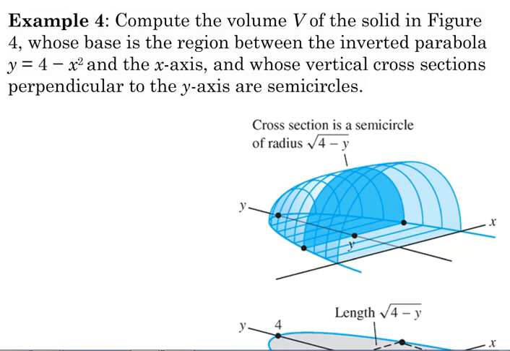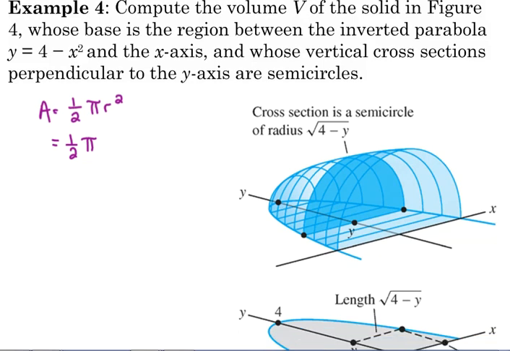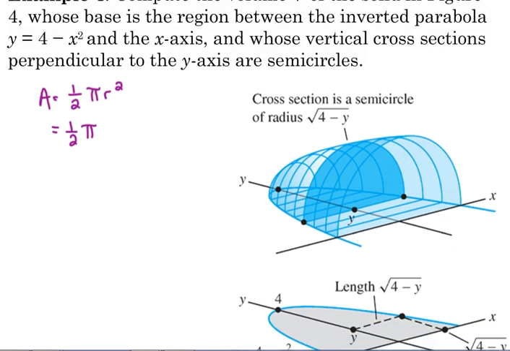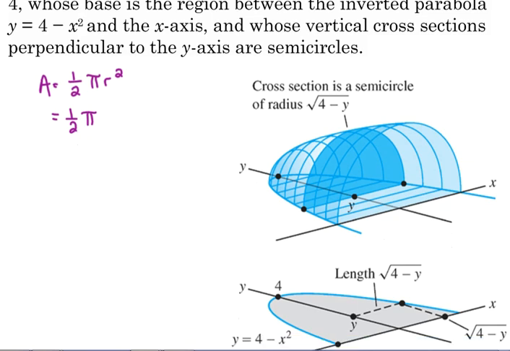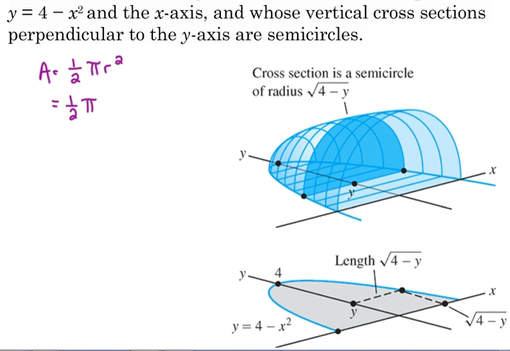Okay, so our area formula, we're talking about a semicircle, so area equals 1/2 pi r squared. So the radius, and they explain this a little bit more so you can see it, but this time we are perpendicular to the y-axis, so we need to take that equation that's solved for y, and we actually need to solve it for x.